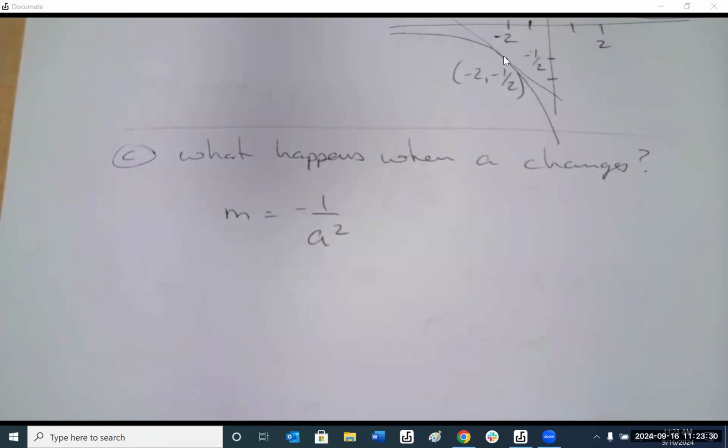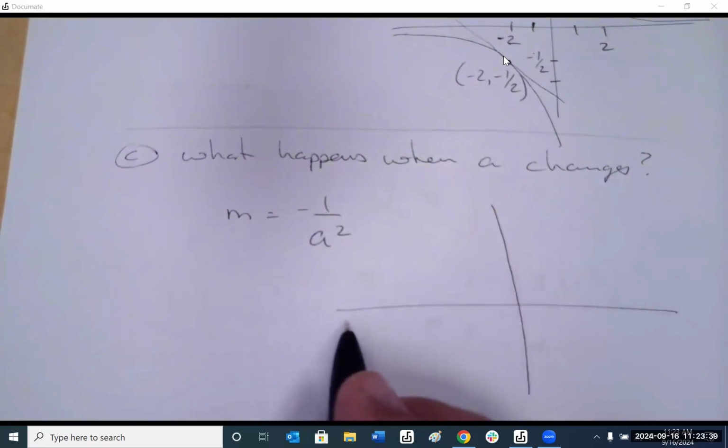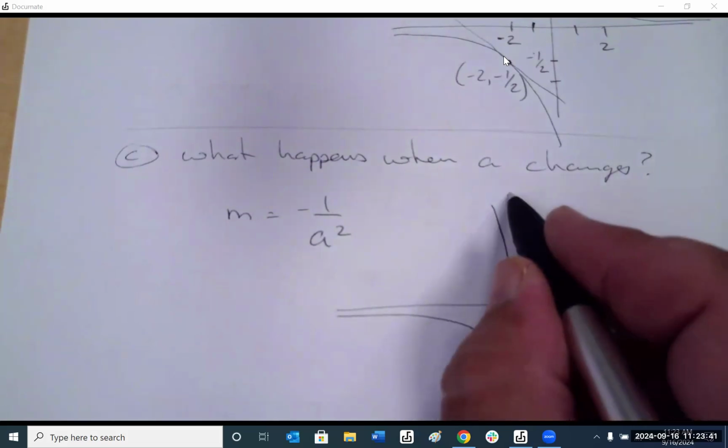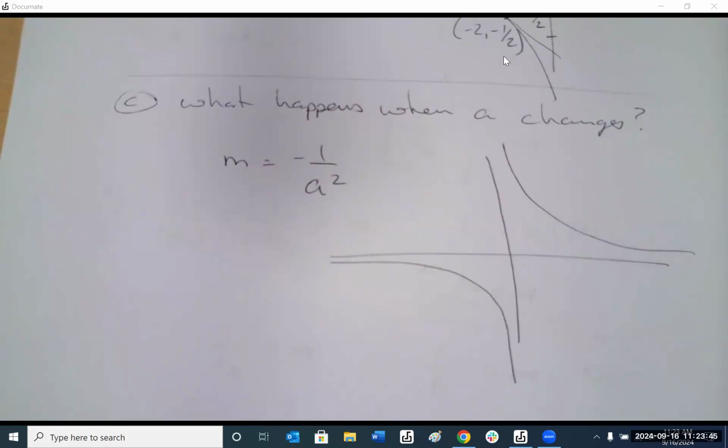A represents the point on the x-axis. Well, again, looking at this graph, what do we notice about the slope of this curve anywhere?